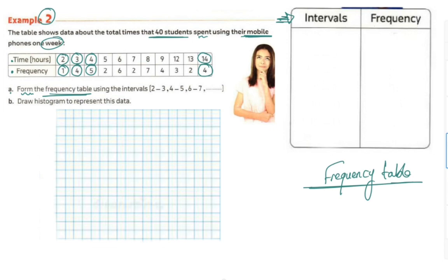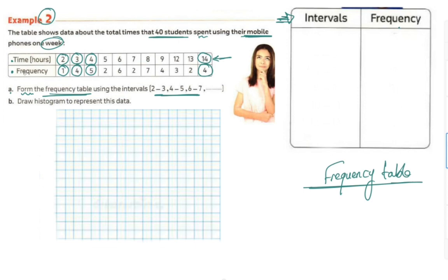Now we have some data and some help here. He said to use these intervals: 2, 3, 4, 5, 6, 7, 8, 9 until 14. Why? Because 14 is the time or hours, which will be the interval, and the frequency will be the frequency.